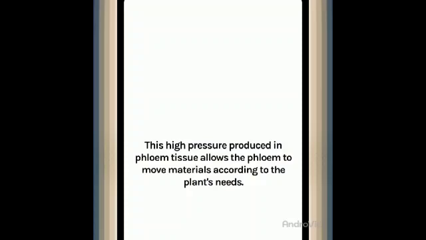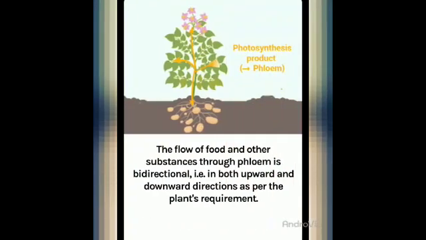So it moves according to the plant's need, where the plant needs this source or where the plant needs the energy. Now in this picture you can see the photosynthesis product, and at the bottom you can see the phloem tissue. At the underground you can see the ball like structures, right?